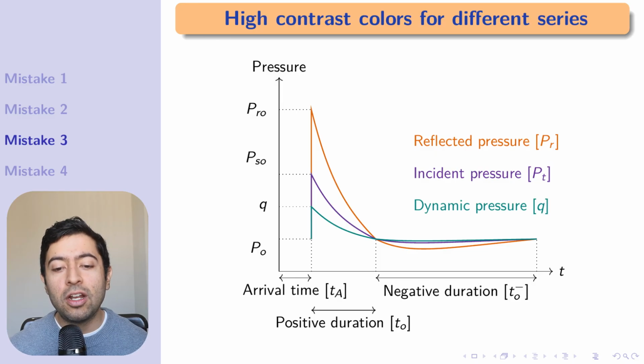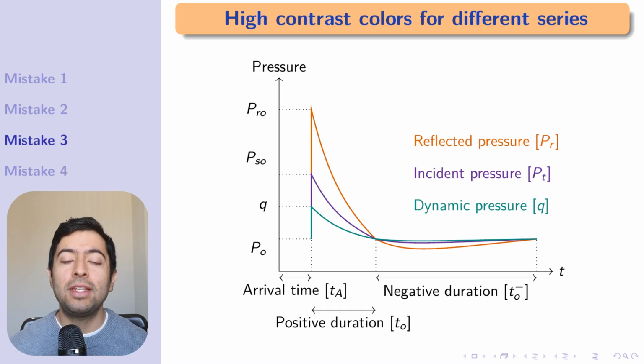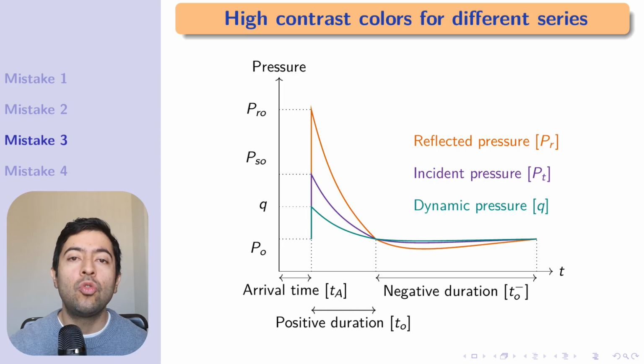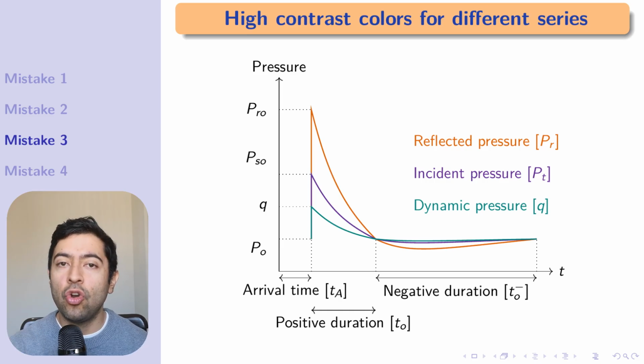I've included 3 colors which have very proper contrasts between them, and the auxiliary lines are all black and dashed. So this makes it really clear when we have a pattern in the chart, when we have a line series, and when we want to annotate or show specific points of the graph, such as with these auxiliary lines.